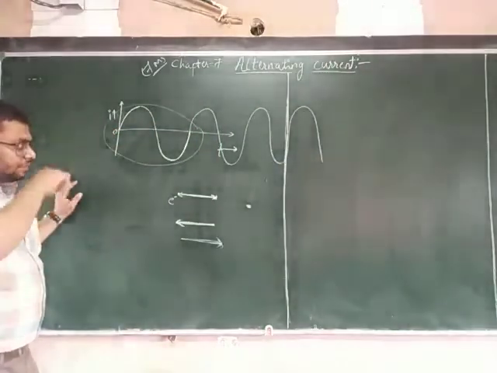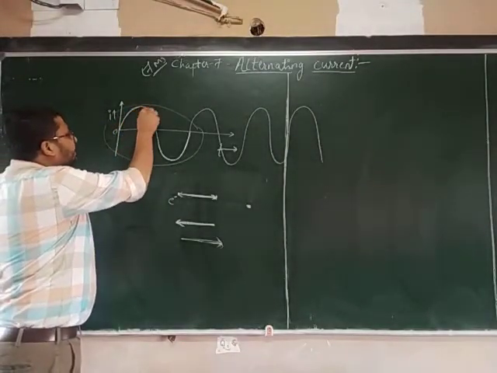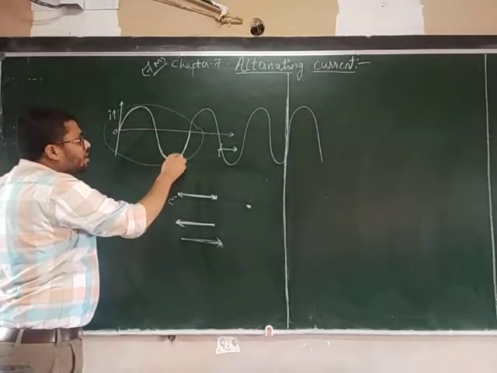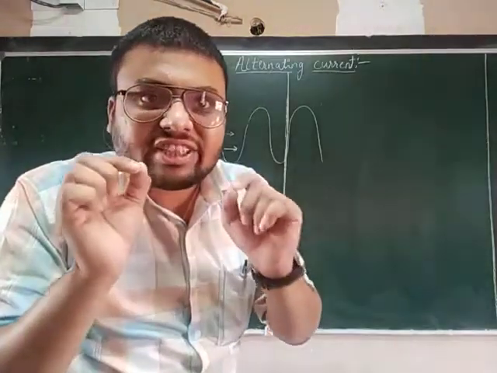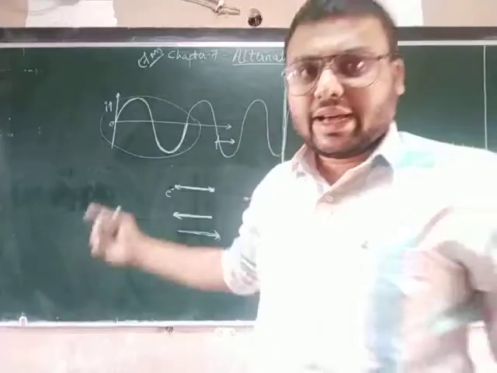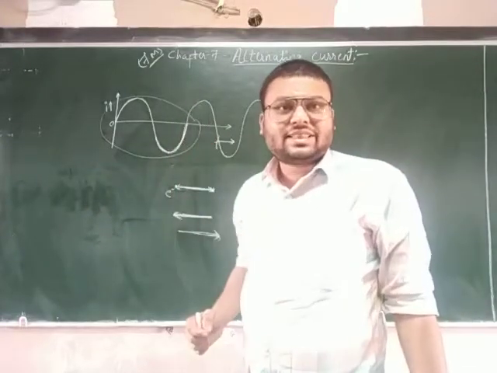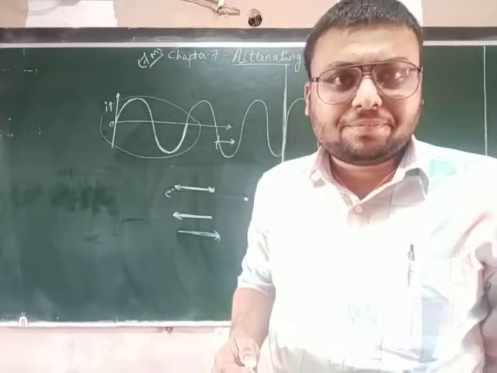So here, the number of cycles per second is called frequency. The number of cycles per second is called the frequency of AC.